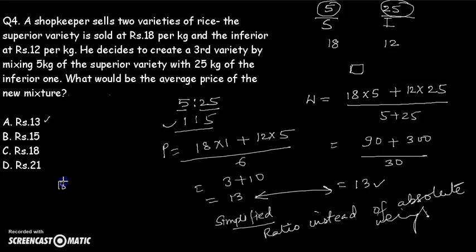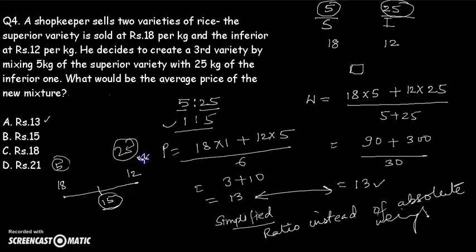See, 18 is one price and 12 is another price. If both of them would have been mixed in equal proportions, then the average price would have been somewhere in the middle, which is 18 plus 12, 30 divided by 2, that is 15. It should have been 15. But then, if you see the quantities of both the rice, this is 5, this is 25.